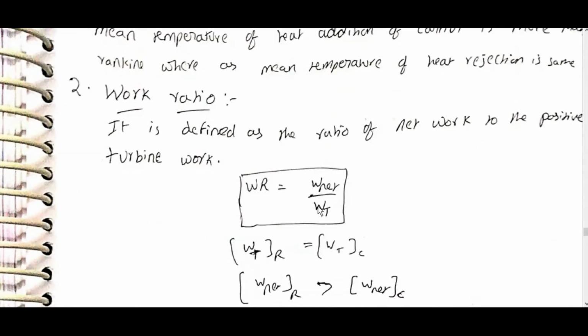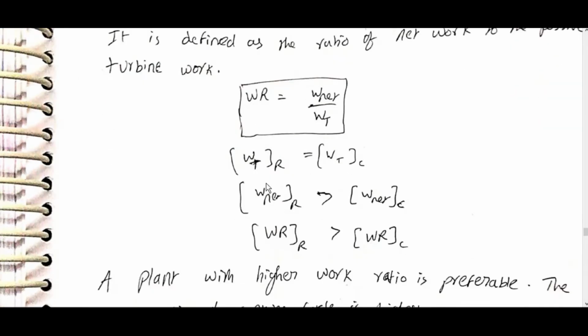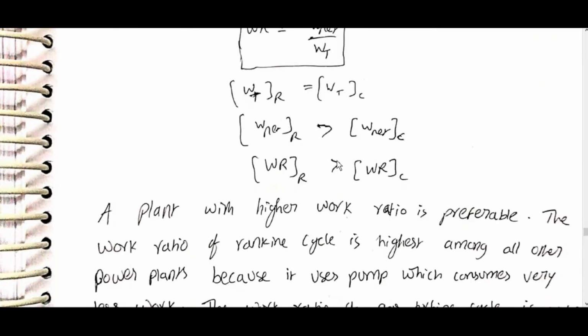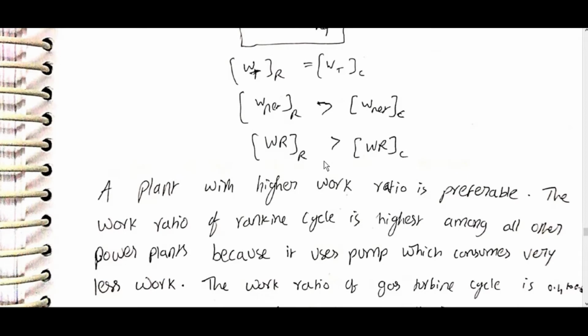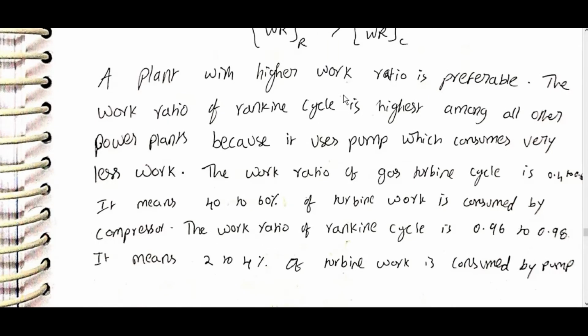Work ratio is defined as the ratio of net work to positive turbine work. The work ratio is equal to W net by WT. WT Rankine is equal to WT Carnot, W net Rankine greater than W net Carnot, so work ratio Rankine is greater than work ratio Carnot. A plant with higher work ratio is preferable. The work ratio of Rankine cycle is highest among all power plants because it uses a pump which consumes very little work.